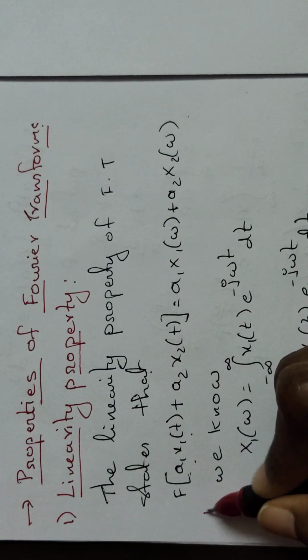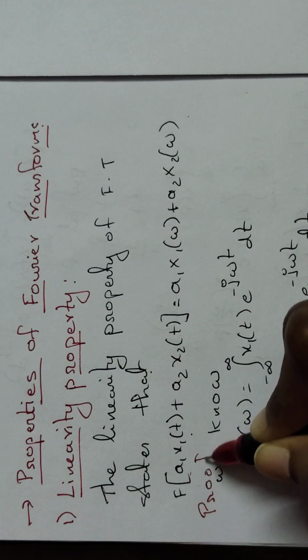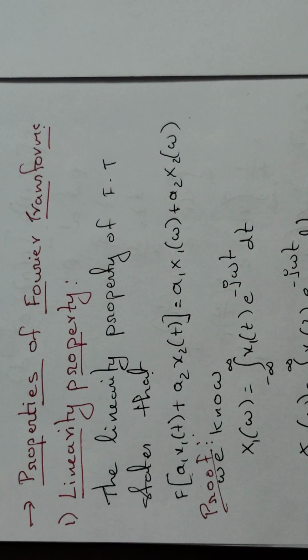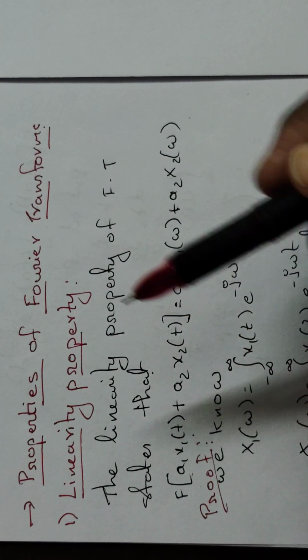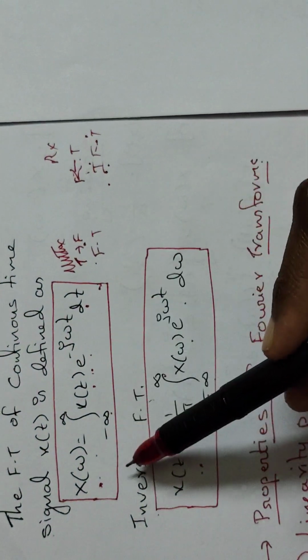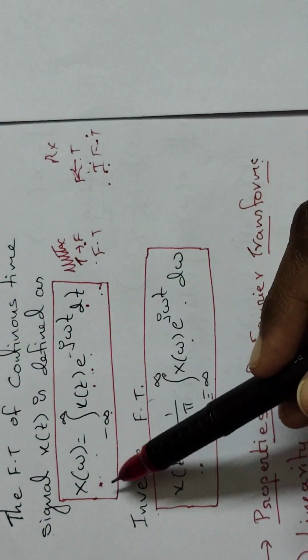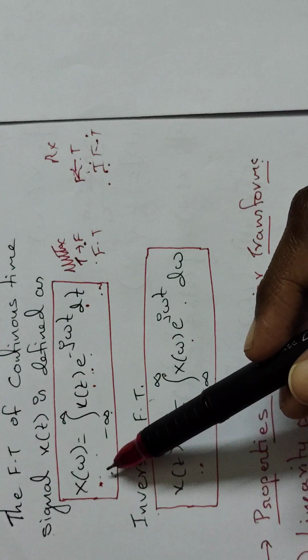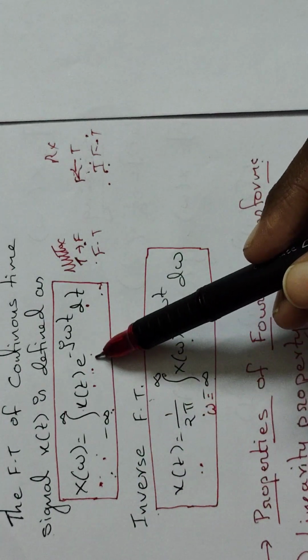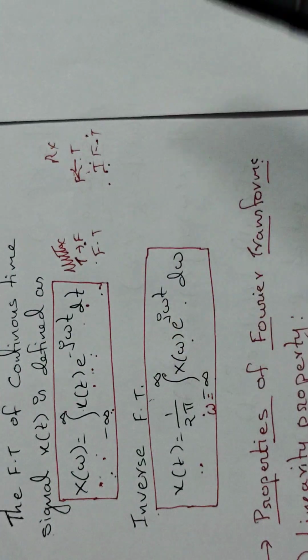Let us see the proof of this property. We already know the formula of Fourier transform, and for every property we have to use this formula. The Fourier transform formula is x of omega is equal to integral from minus infinity to infinity x of t e power j omega t into dt.